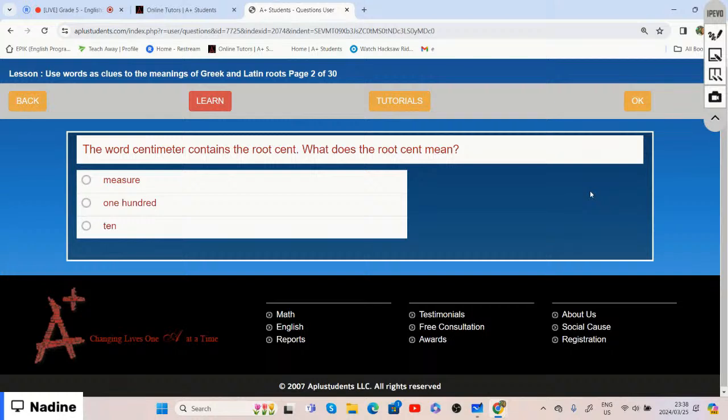Or is it 10? So cent, what does cent mean?